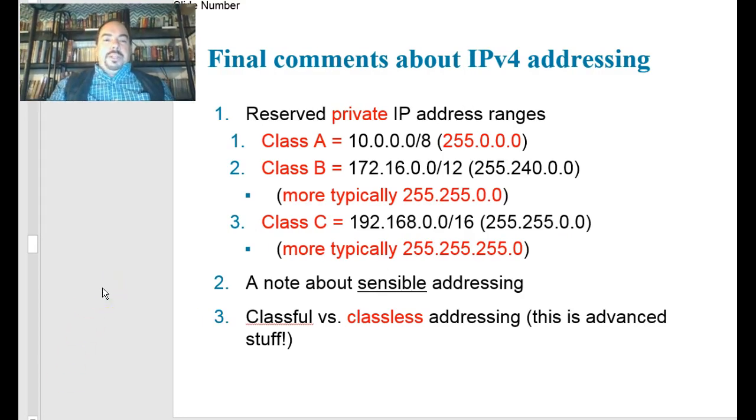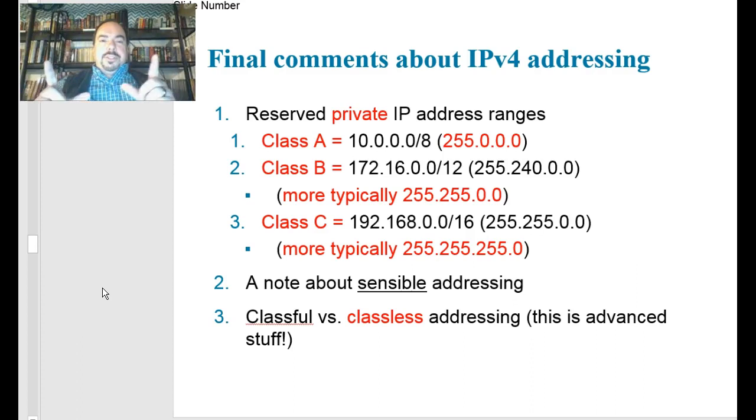Okay, before we leave this section of how you calculate a subnet mask, we need to talk about what some typical subnet masks are. On the public side, your IP address and your subnet mask will be assigned to you by your ISP, and there's nothing you can do about it.